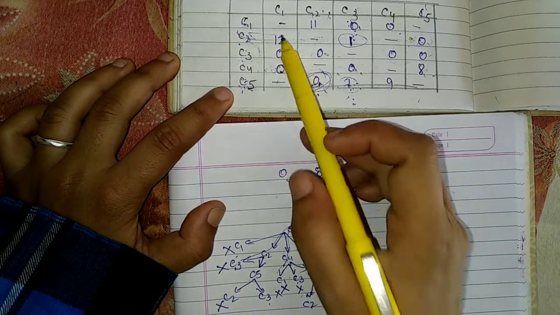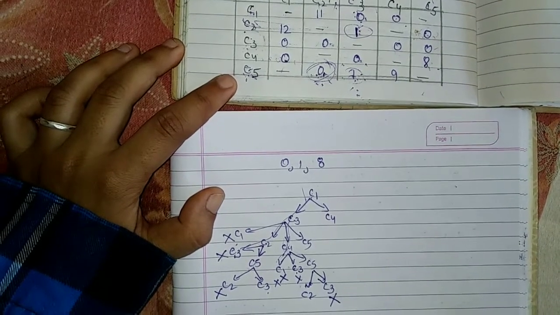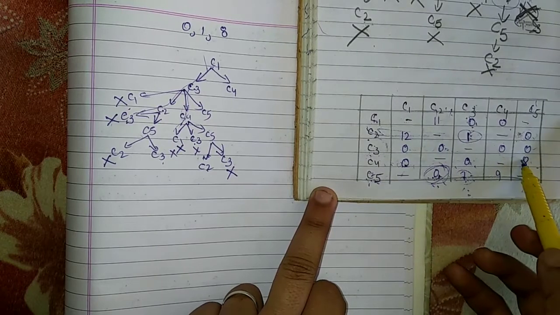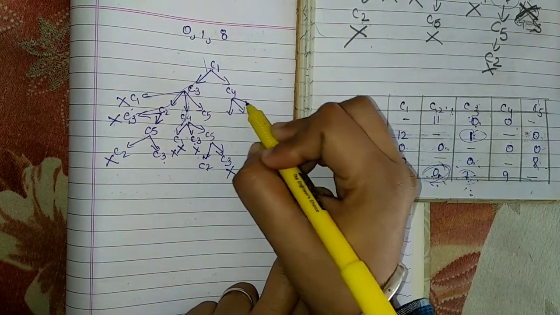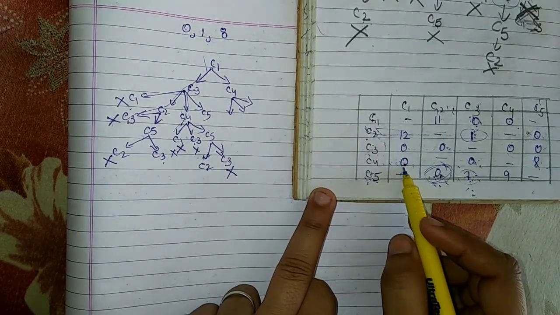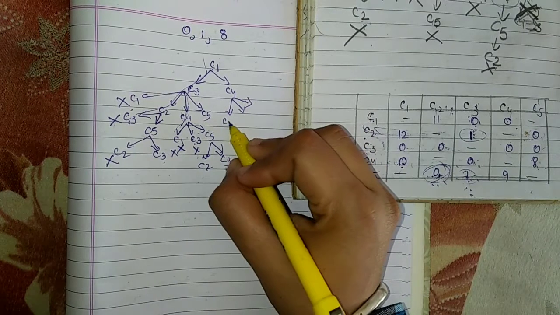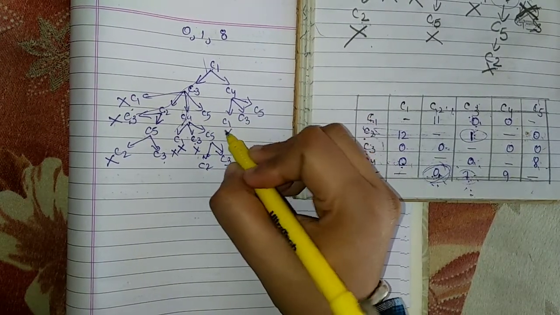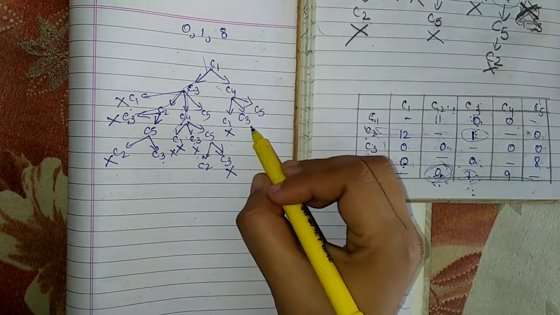C2, 0 or 1. C4, 0, 0 or 8, means C1, C3 or C5. Here it is not favorable because it does not cover 2, 3 or 5.